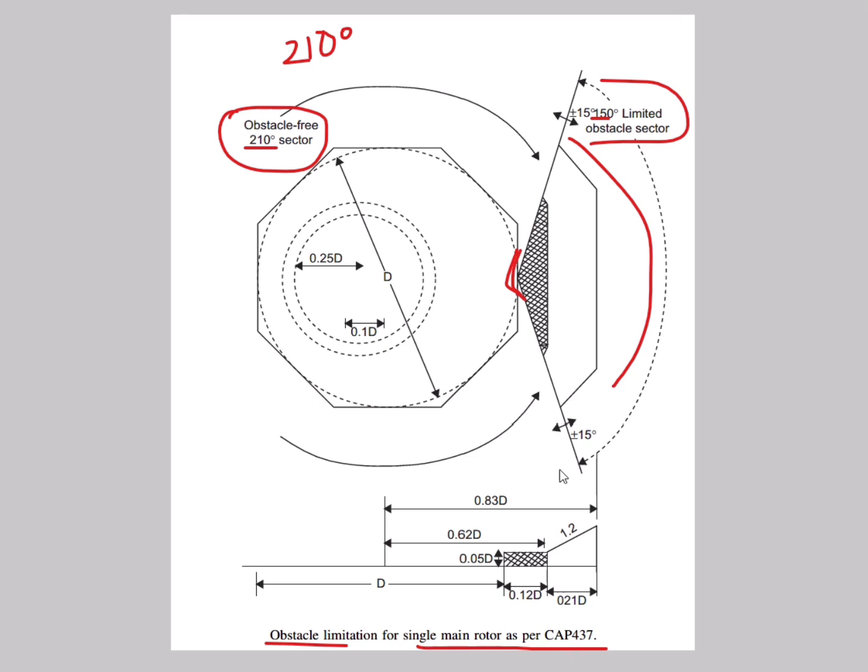You can see this area is 0.05 times D, where D is the diameter, a D value of 17 meter, 24 meter, like that. So this height is 0.05 D, and the limited obstacle sector is 150 degree and the obstacle free sector is 210 degree.